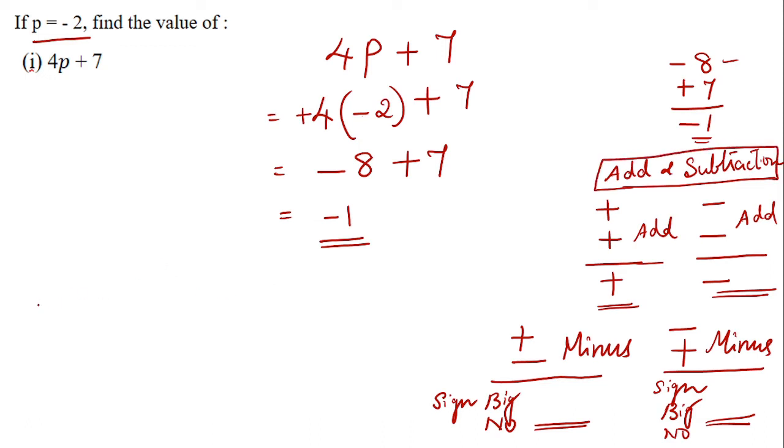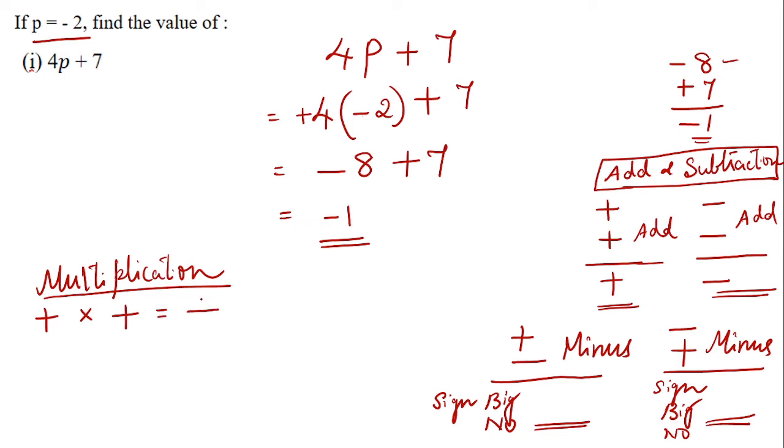When it comes to multiplication, now the same thing is applicable for division as well. Plus into plus, same signs, it will be plus. Plus into plus is plus. Minus into minus will also be plus.